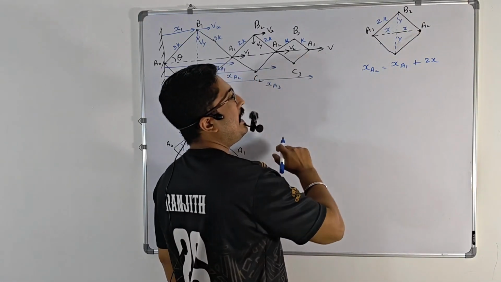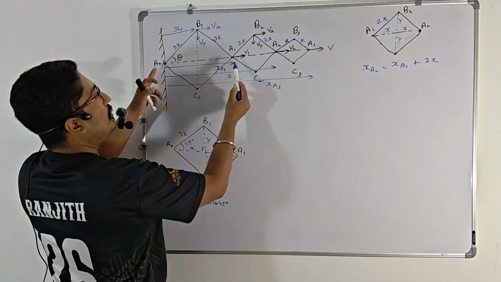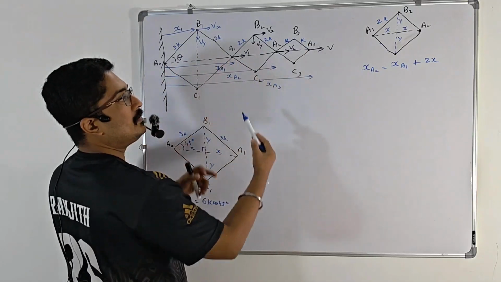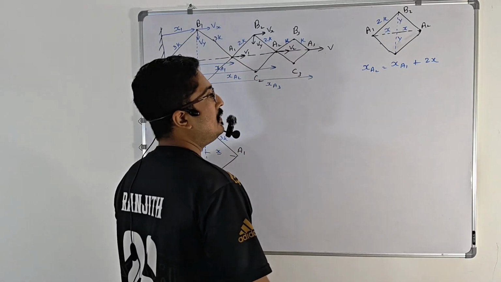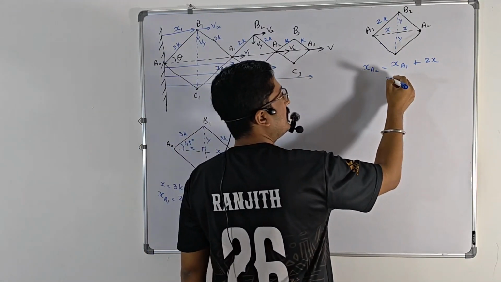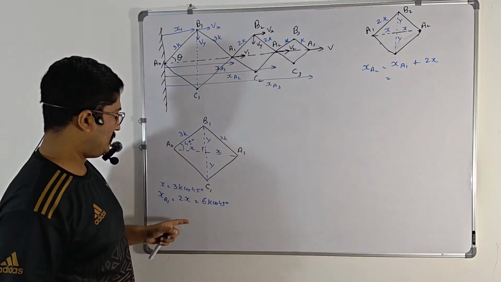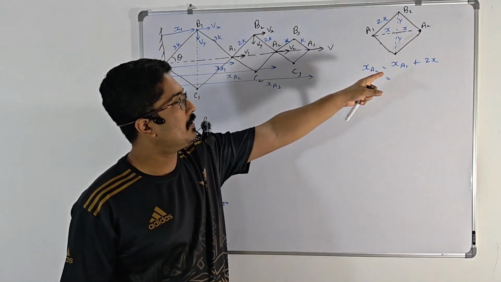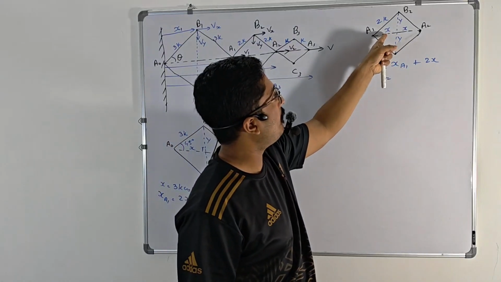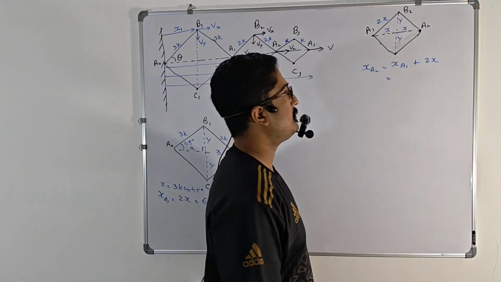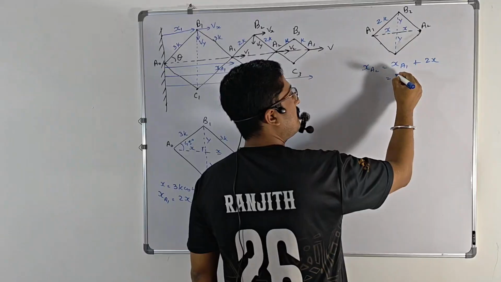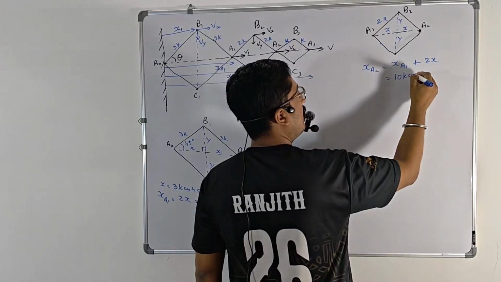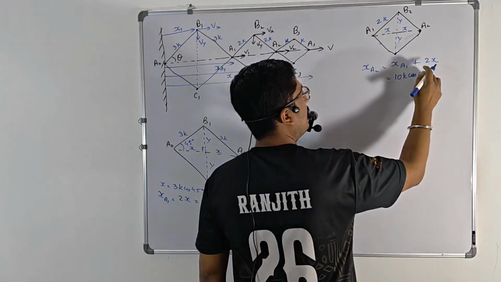So can I say XA2 is equal to XA1 plus this 2x, right? If I use that logic, how much will I get? XA1 is already 6k cos 45, and here the x value would come out to be 2k cos 45, so 2x is 4k cos 45. So 6 plus 4 becomes 10k cos 45.